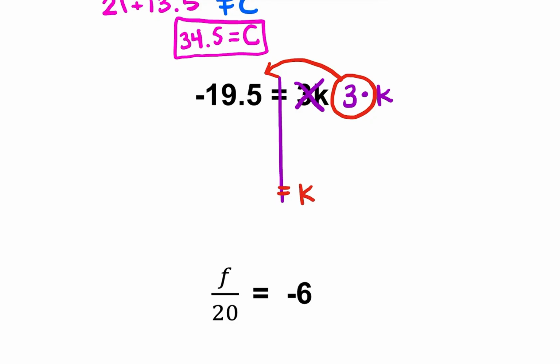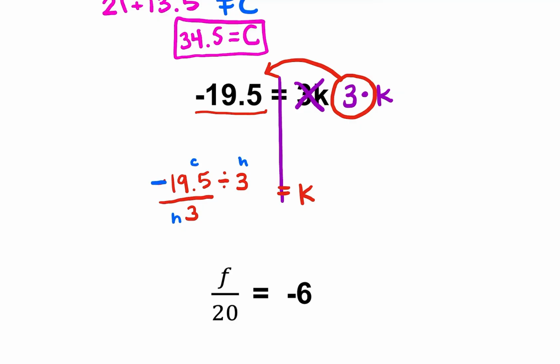So my K will be left. And again, I need this to be first, so I'm going to give it some space, and we are dividing by 3. You could also write it like a fraction to show division, because it doesn't matter which way. The cowboy is still negative 19.5 and the horse is still 3, okay?